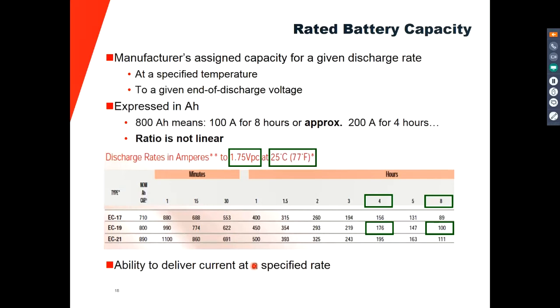To get an accurate value, we need to follow the tables, and we need to be sure that the battery is operating at that temperature, and if not, we need to use a correction factor, and we're going to see that later on in the presentation. This rated battery capacity is also another way to define it, is that it is the ability to deliver current at a specified rate.